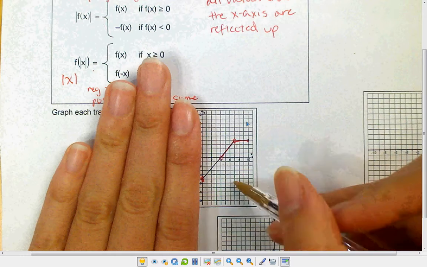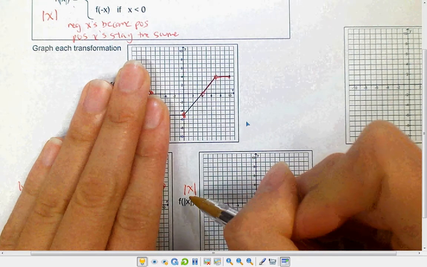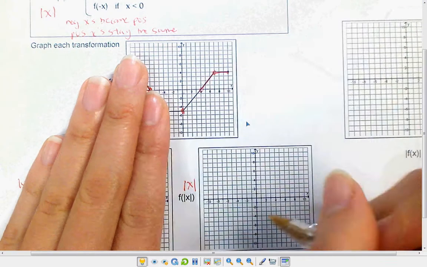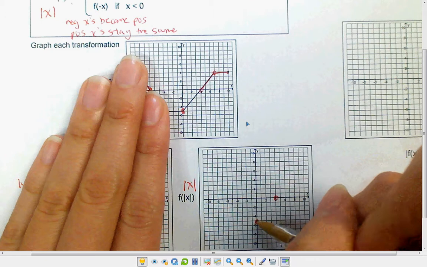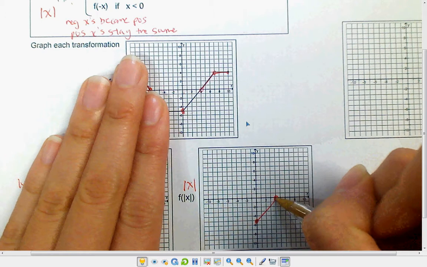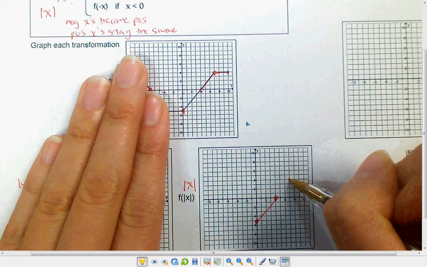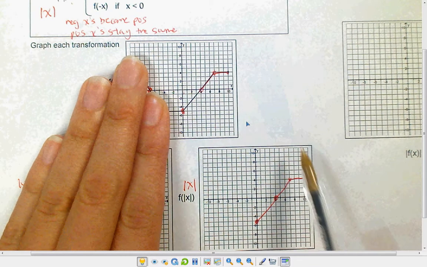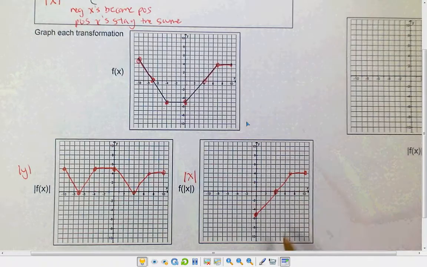I'm just going to copy this side down onto this side, because this is what I'm taking my absolute value of x now. It starts down here at 0, negative 5. It goes up to 4, 0. Goes up to 7, 4. And then 10, 4. So again, your positive x's, nothing happens to them. Just like in the other case, your positive y's, nothing happens.